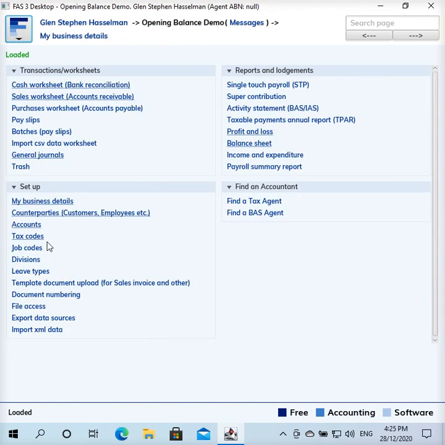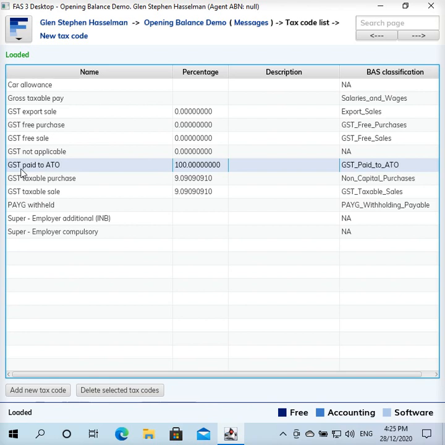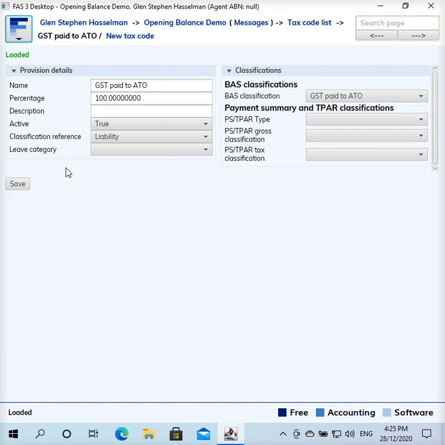Now on the tax codes, another one that I've set up was GST paid to ATO. This really should be in the default chart of accounts. I'll show how to set it up in the BAS video. Anyway, the name is GST paid to ATO.